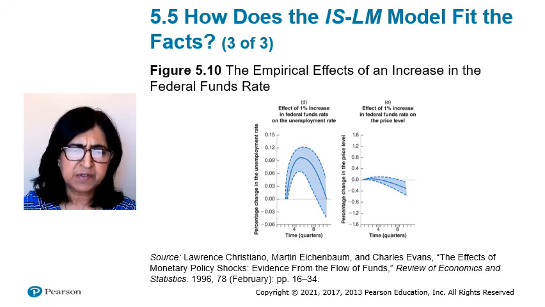This also gives us a strong hint as to why the IS-LM model becomes less reliable in the medium run. We can no longer assume that the price level is given, and movements in the price level become important.